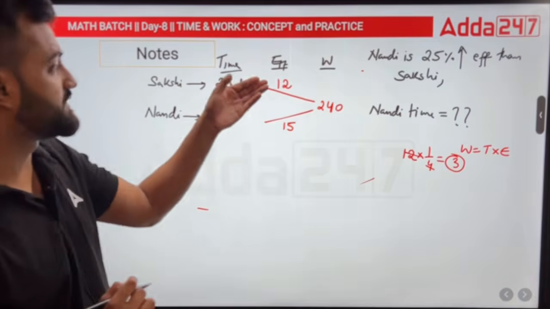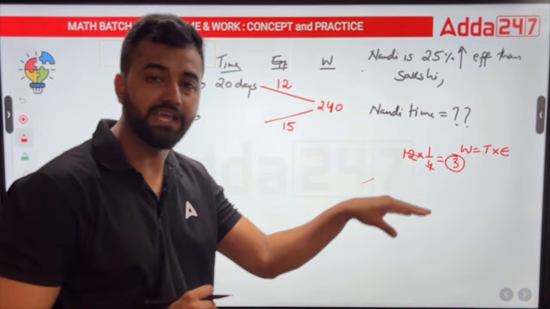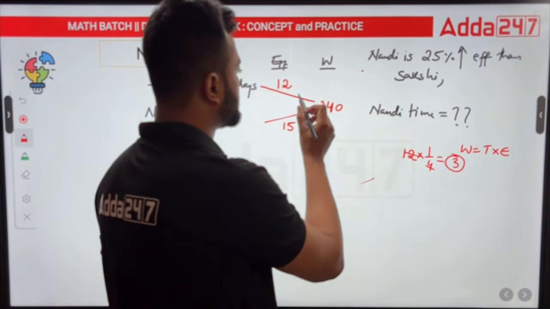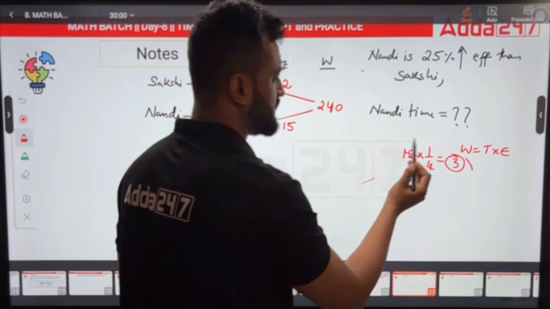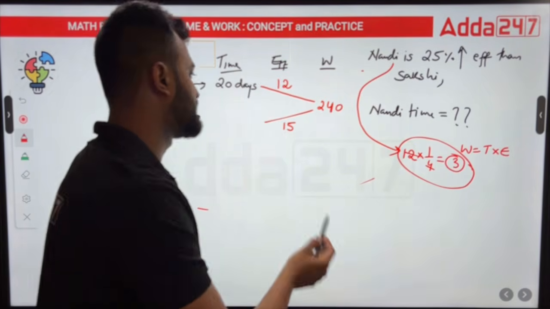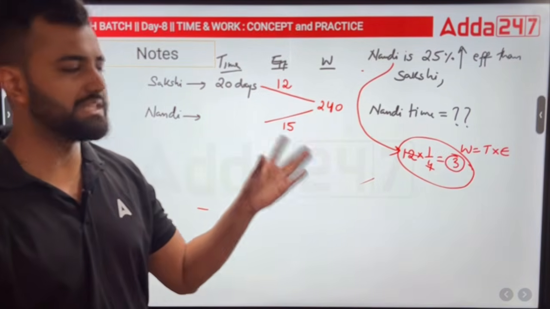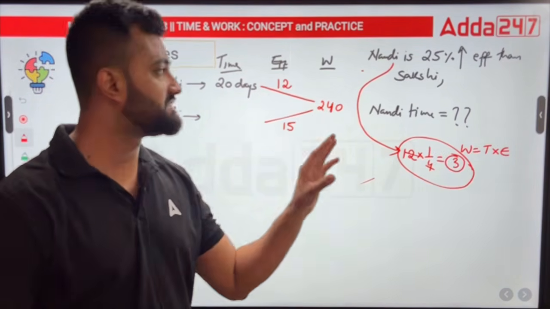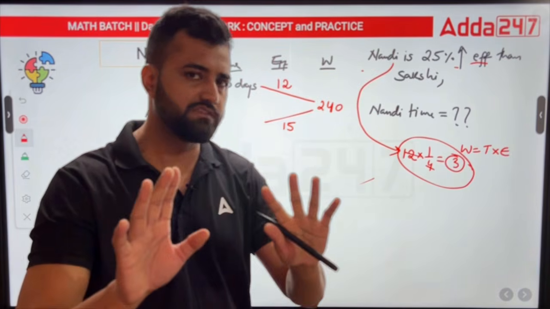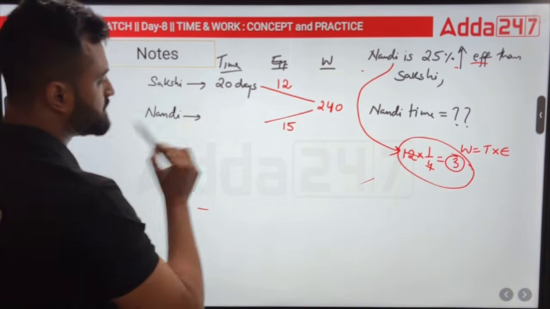Because Nandi is 25% more efficient than Sakshi, so I am adding this 3 to 12. If I had just said that Nandi is 25% of Sakshi, I would have taken 3 here. But I said 25% more efficient, so I have to add. We have learned this in percentage comparison, remember? Now as I've got efficiency and work, I can get the number of days.